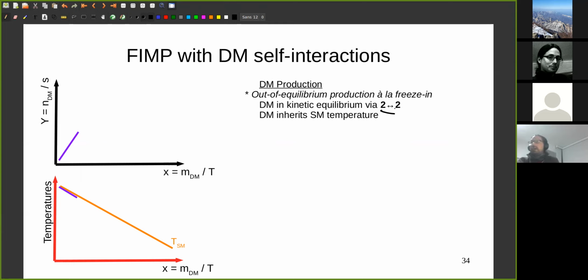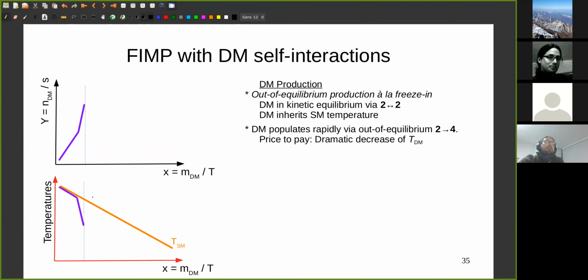That means the dark matter will have a temperature, and this temperature will be of the same order of the standard model temperature, because after all, the dark sector is produced out of the standard model. So we expect the two temperatures to be more or less the same. The dark matter is relativistic, so it will also scale like 1 over the scale factor. So these two temperature curves will be exactly parallel.